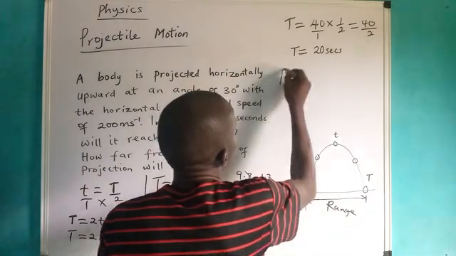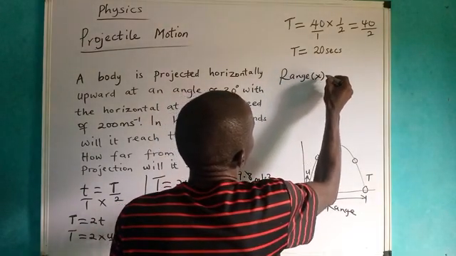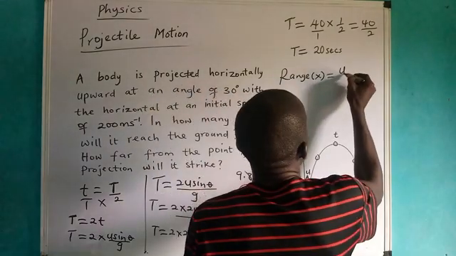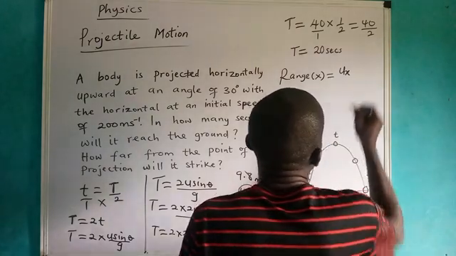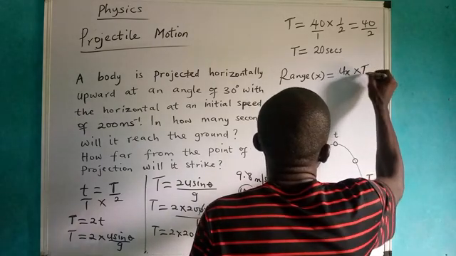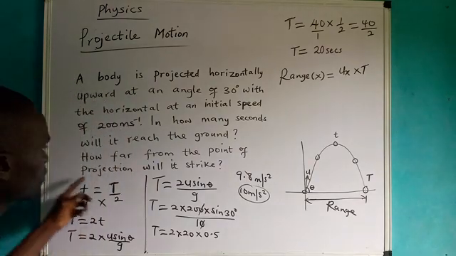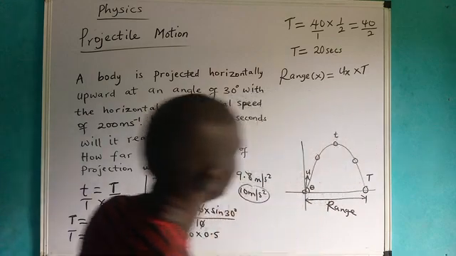Therefore, I can now say range, and don't forget that the range is simply the initial velocity along the x direction times the time of flight. This is the equation for the distance, that is, the distance from the point of projection to the point where the body strikes the plane again.